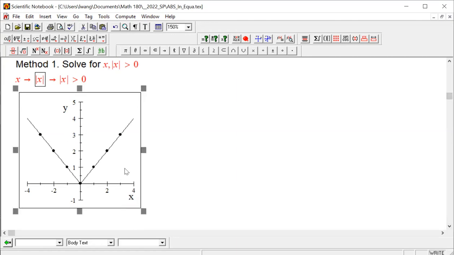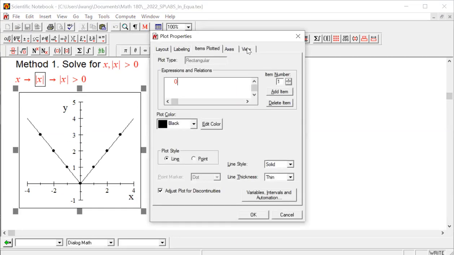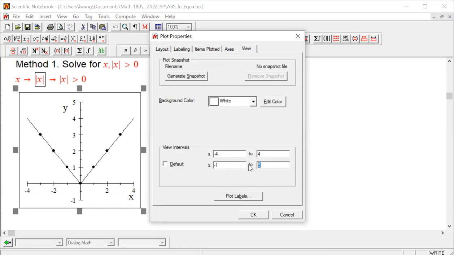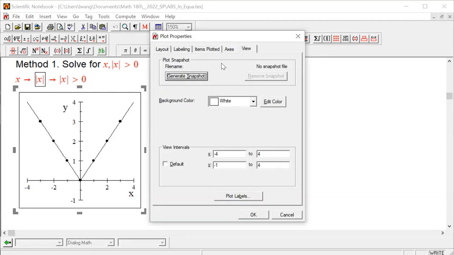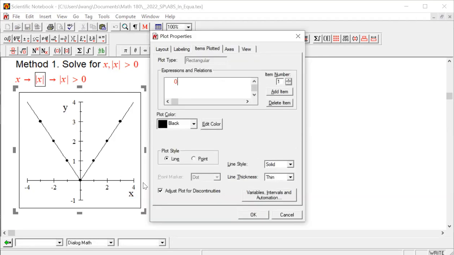We want the output to be larger than 0. So you can also draw this horizontal line, which is right here.